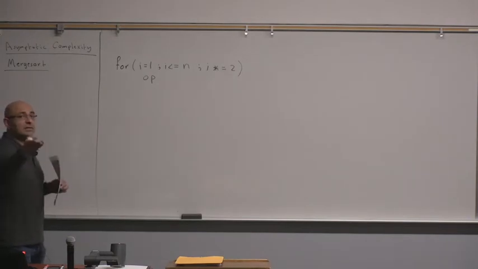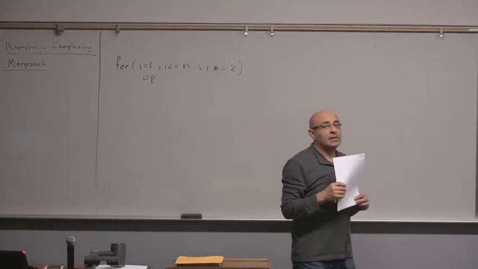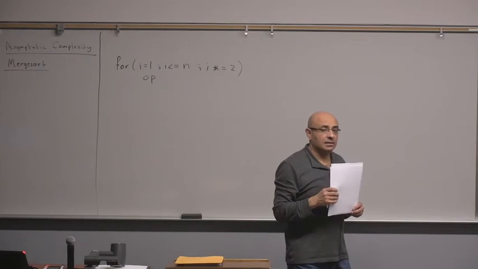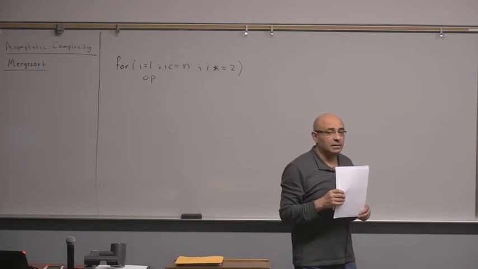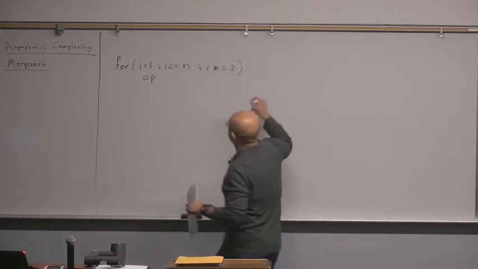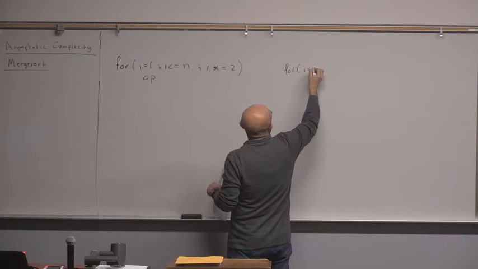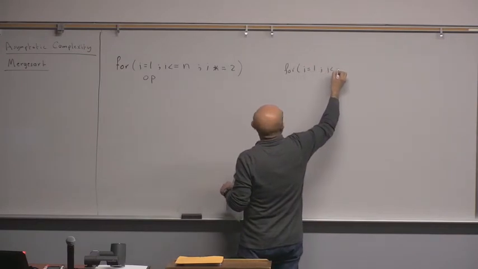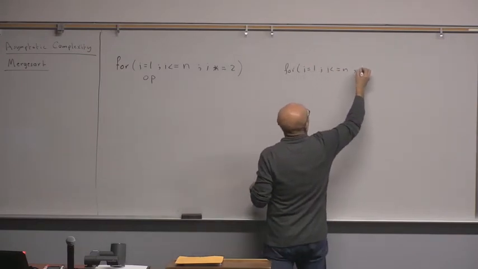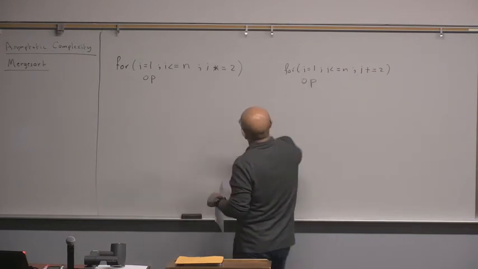Because every time it divides the number of steps, the stepping is increased by 2 every time. Okay, so what's the difference between this and for i equals 1, i less than or equal to n, i plus equals 2, and there is some operation here?